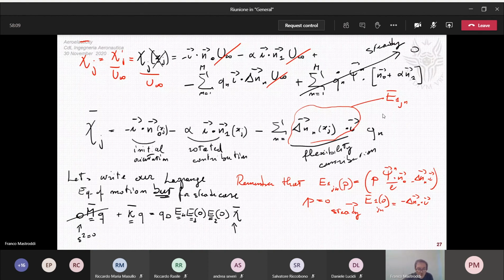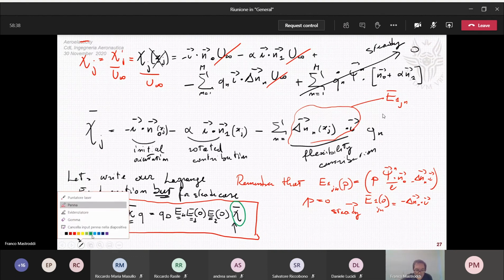Okay, so we have just to write this equation of motion. This is the static problem to be faced in the aeroelastic framework. Of course, we have to express suitably this boundary condition vector here. This is a vector.